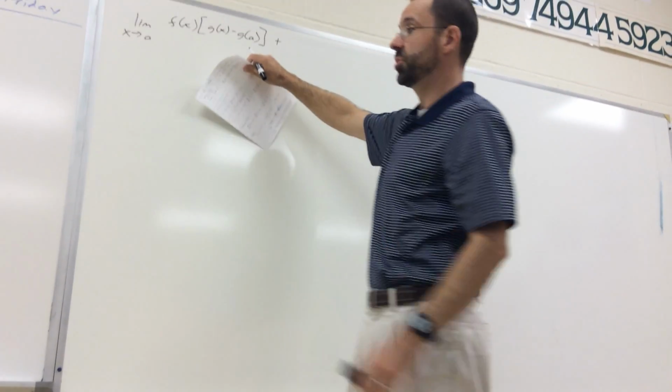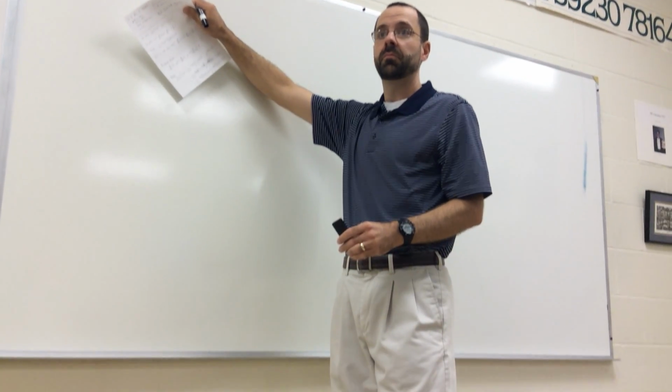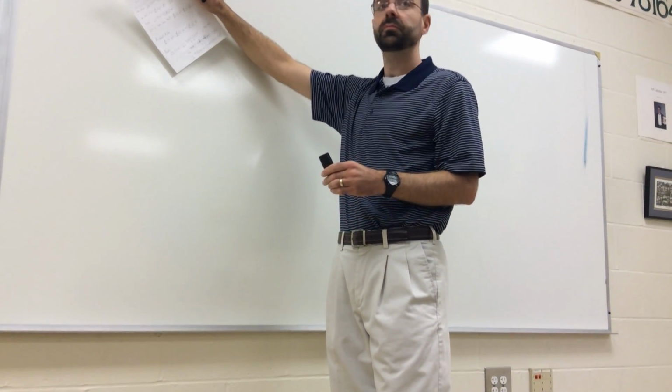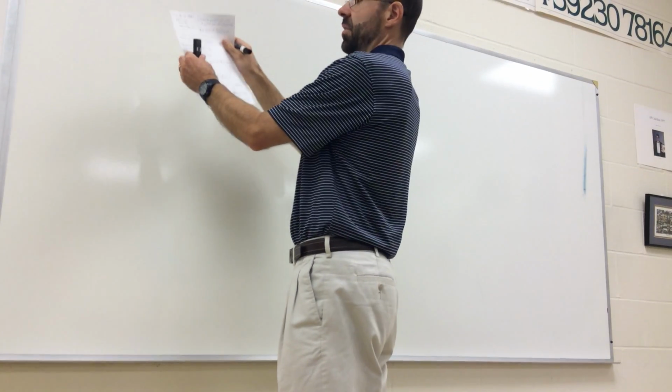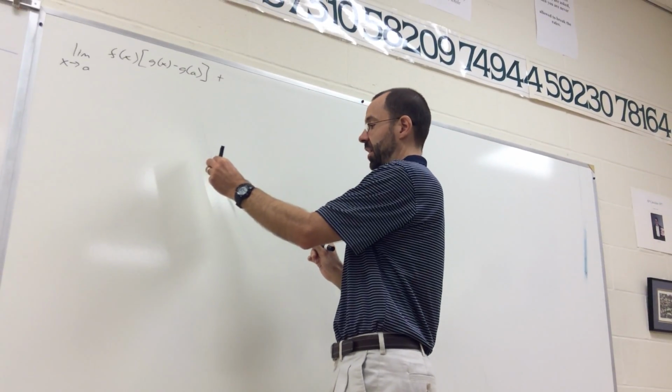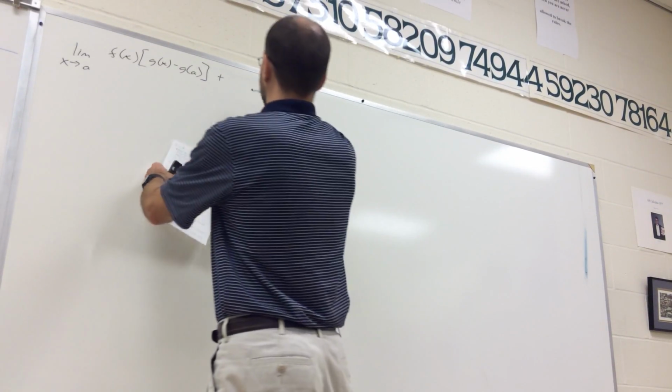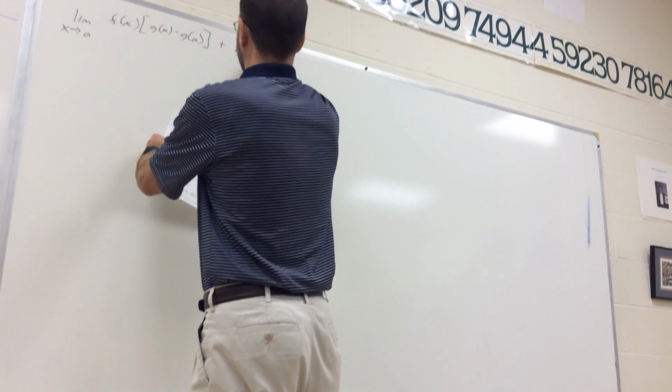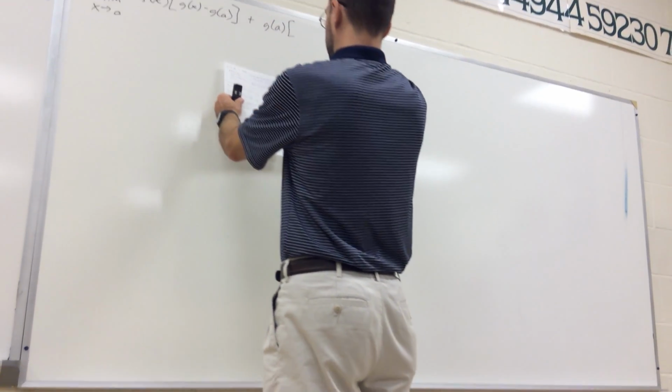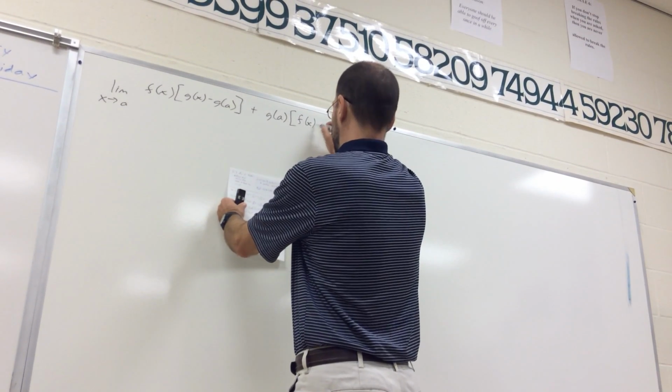That's just the first two terms. And then for the second two terms, I'm going to factor out a g of a. So that's g of a times f of x minus f of a.